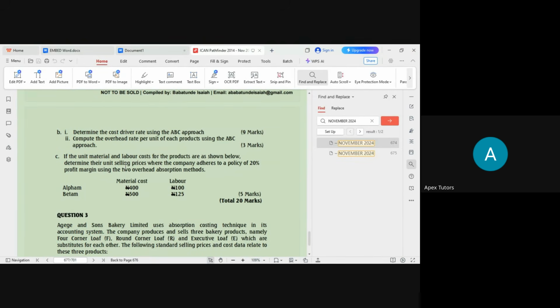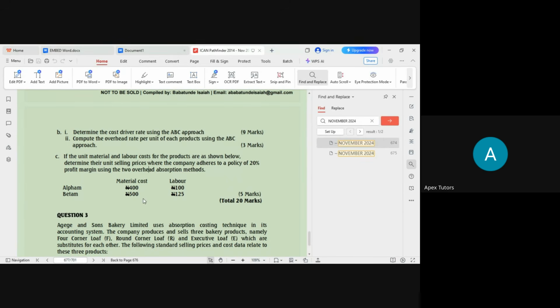When we were talking about linear programming and limiting factor, there was a question that the company's policy is 20% of this. So what this connotes is that for you to determine the selling price, once you know your total cost, 20% on your cost will be your profit.